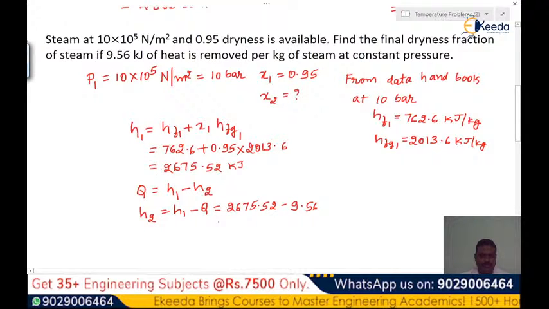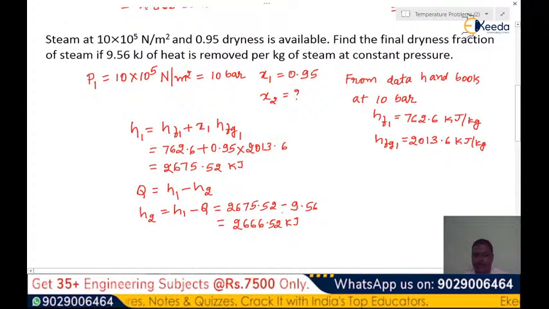Then this value becomes 2666.52 kilojoules.